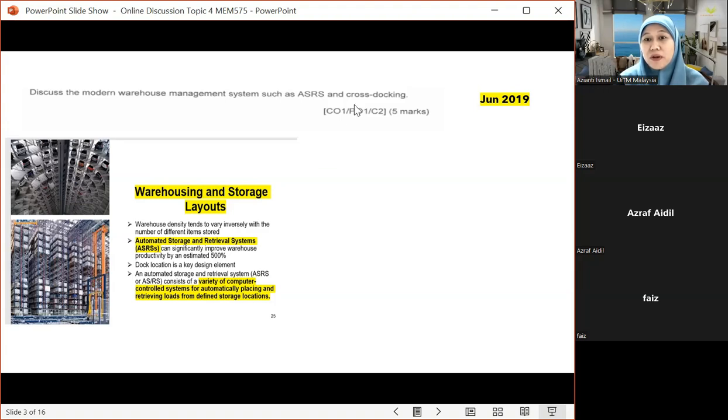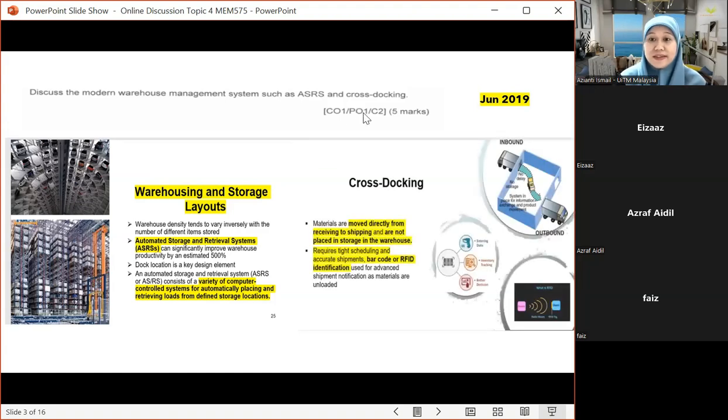Okay, then what about the cross-docking? Okay, cross-docking is barang tu dia tak duduk lama pun dekat warehouse.